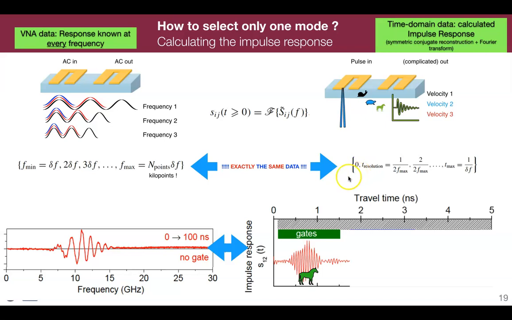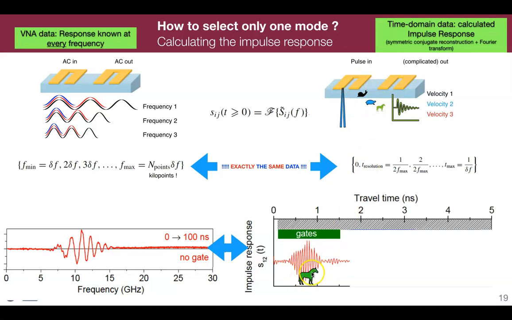And if you do that, you will plot the impulse response versus the travel time of the spin waves. For instance, if you wait 1 nanosecond, you will see a wave packet of spin waves arriving, which means that once you hit the emitter antenna, it takes them 1 nanosecond to go to the receiving antenna.